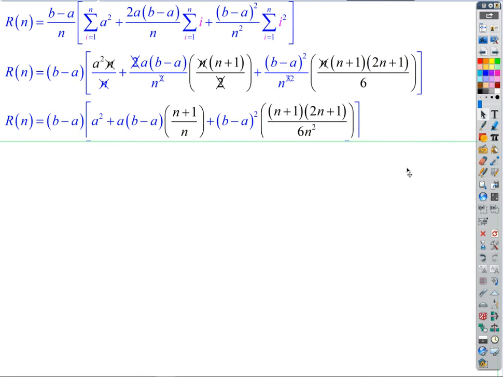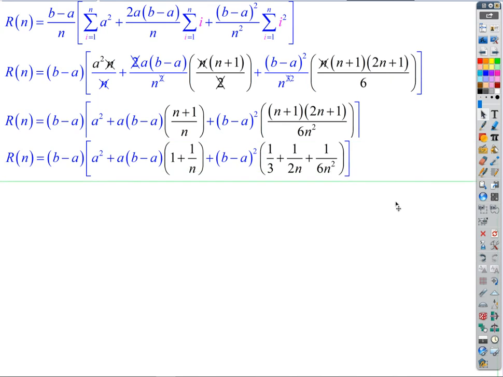Well, this reduces to n plus 1 over n. This reduces to n plus 1 times 2n plus 1 over 6n squared, if I pull the n squared in there. And if I do a little math with this, if I expand all this out and break it into separate terms, it looks like this: 1/3 plus 1 over 2n plus 1 over 6n squared, if I multiply out the top and split the fractions.